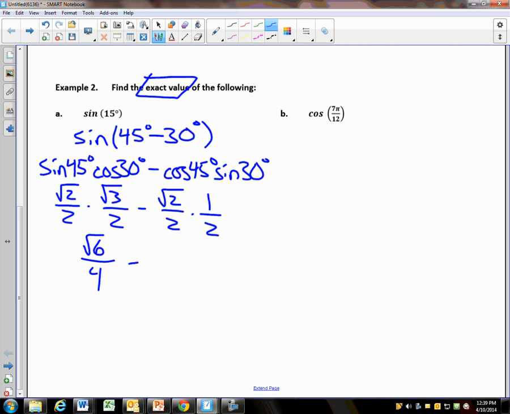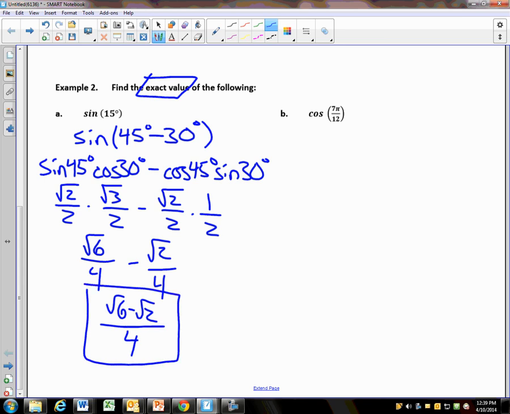Over 4 minus, do they have common denominators? Can you simplify the root of 6 or the root of 2? No. That's my exact answer. So that's the exact value of the sine of 15 degrees.